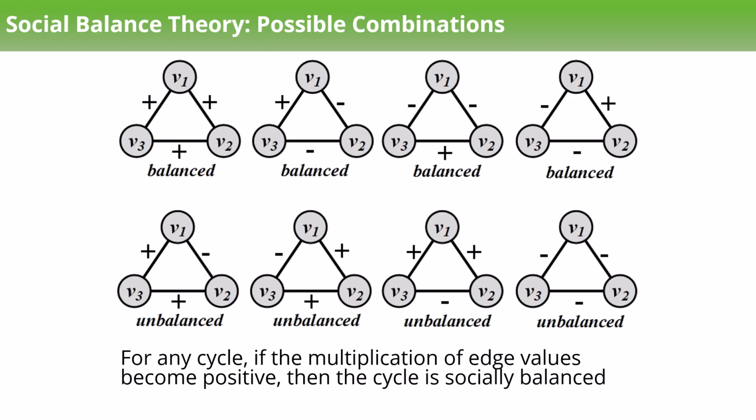In the first one, three friends. In the second one, two friends and one enemy. Likewise, one friend and two enemies. Likewise, we have these patterns. So based on this, we can decide whether this relation is balanced or unbalanced.